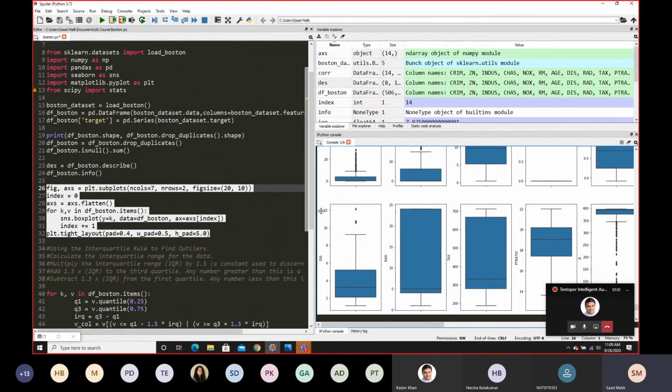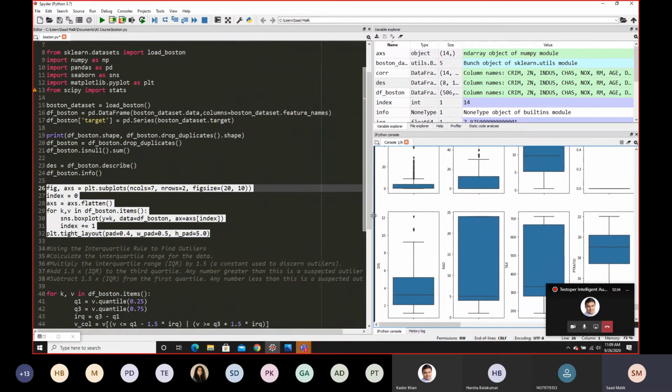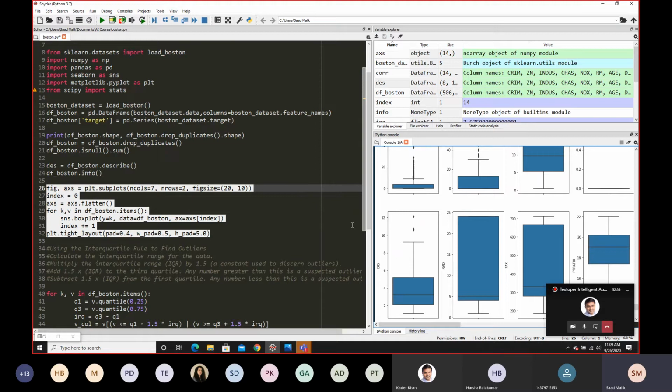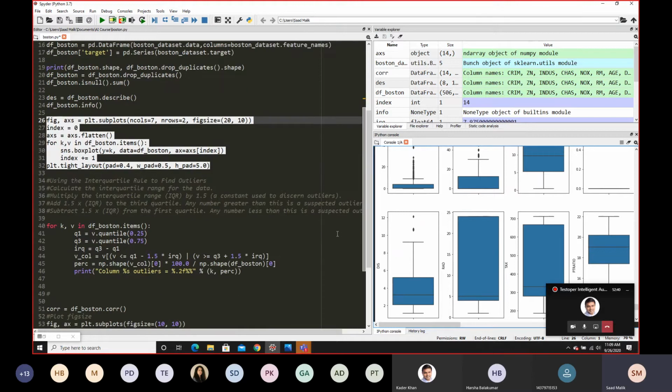Okay, now I want to see whether outliers exist in these variables or not. A lot of times you're dealing with data where you want to get rid of the outliers. Sometimes maybe you don't want to get rid of the outliers. It depends from use case to use case.